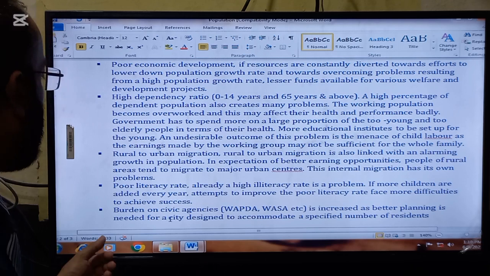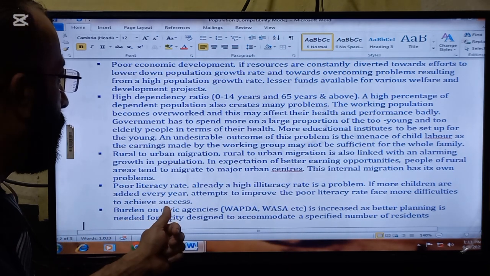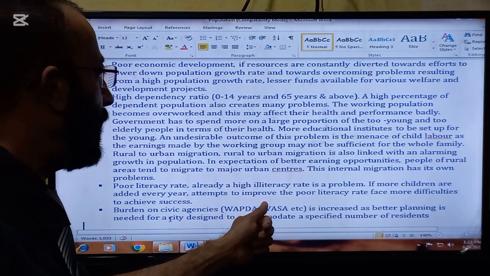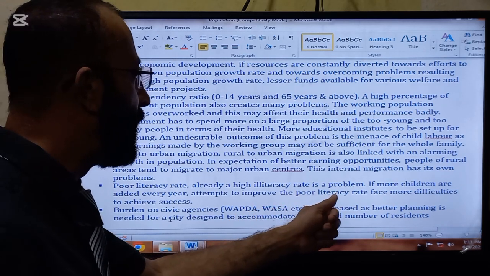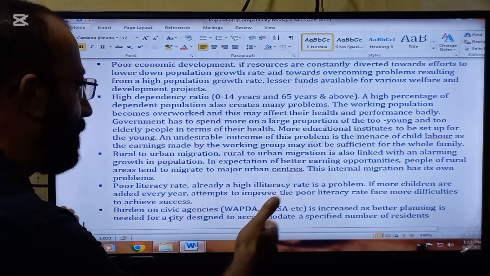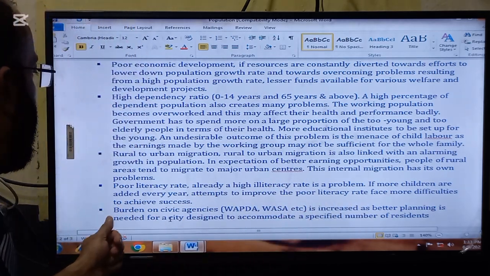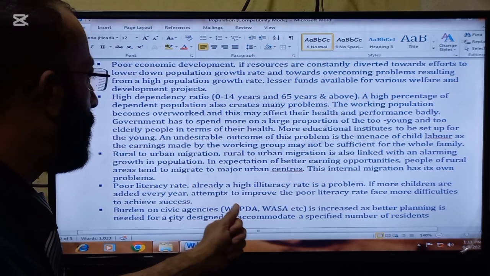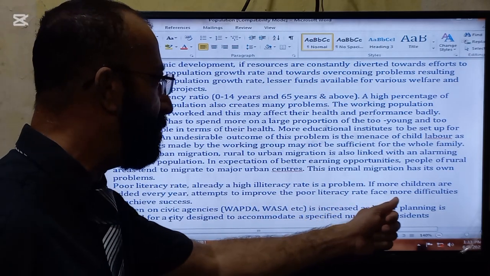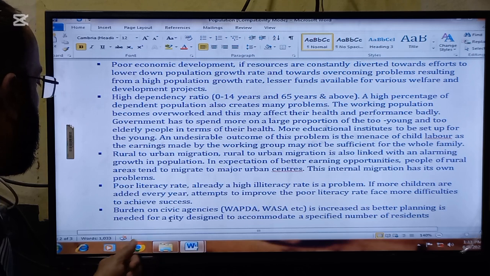Next problem of the increased population is poor literacy rate. Already a high illiteracy rate is a problem. So more children are coming, and this problem is getting worse and worse. If more children are added every year, attempts to improve the poor literacy rate face more difficulties to achieve success.